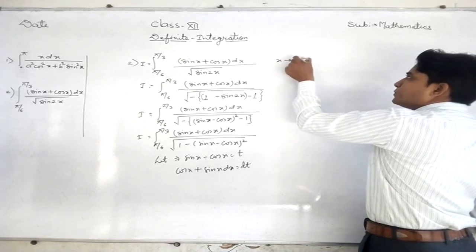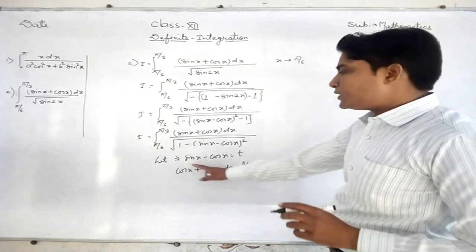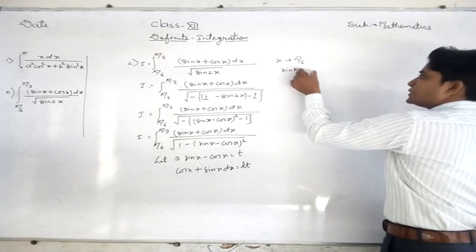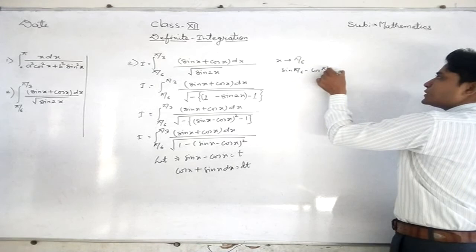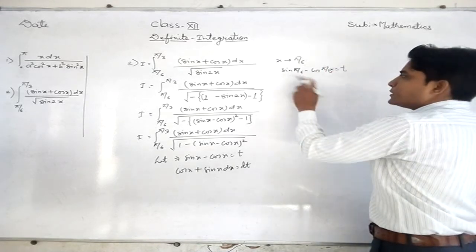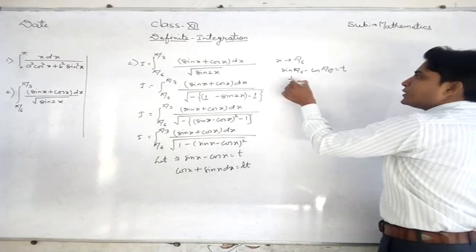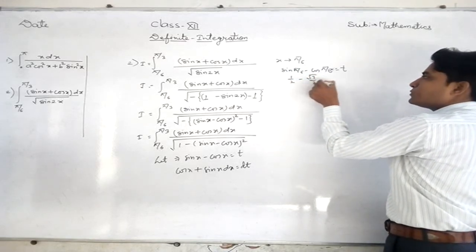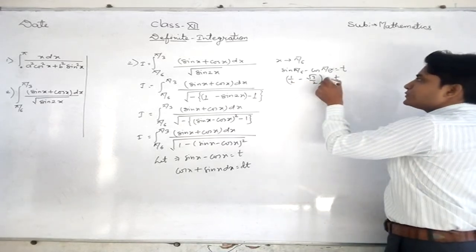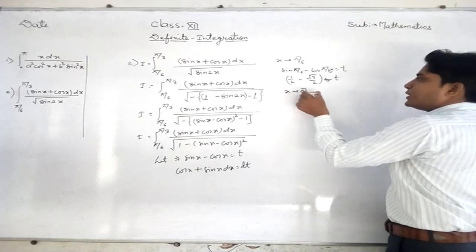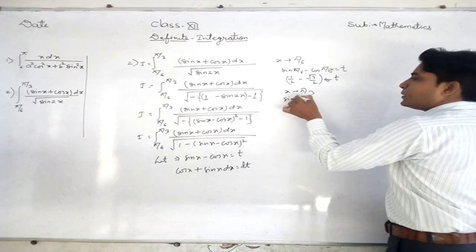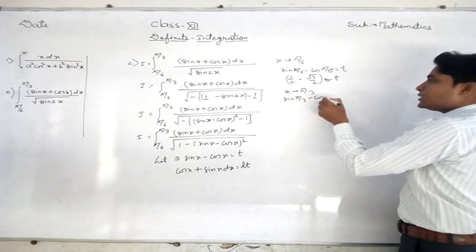And x tending to pi by 3, sin pi by 3 minus cos pi by 3 is also equal to t, root 3 by 2 minus half. So the limit for I is half minus root 3 by 2 to root 3 by 2 minus half.